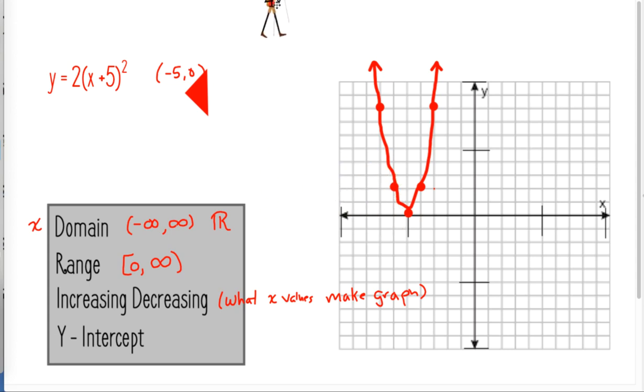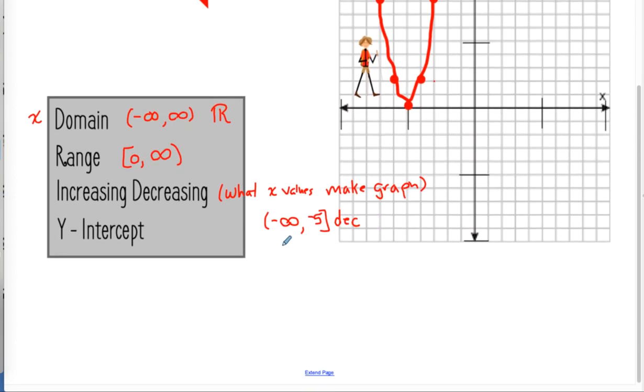This x value is some value way up here, and then this x value is way up there, and then this x value is right there, and this x value is right there. So this hiker is actually going down from -infinity to the x value of -5. This hiker will be decreasing.